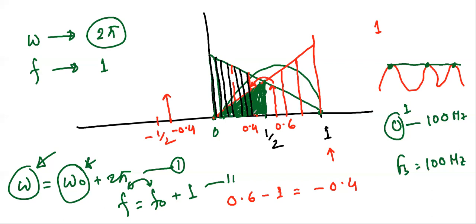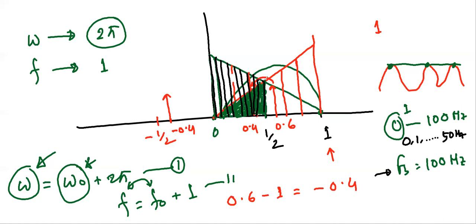Can you tell me, from 0, 1, up to which frequency you don't have the problem for this FS? I'm waiting for your response. Yes, 50 hertz. Of course, up to 50 hertz you are fine.